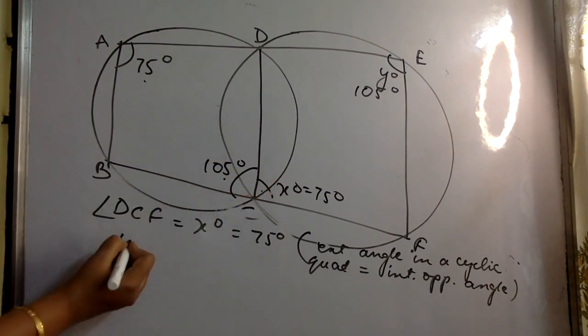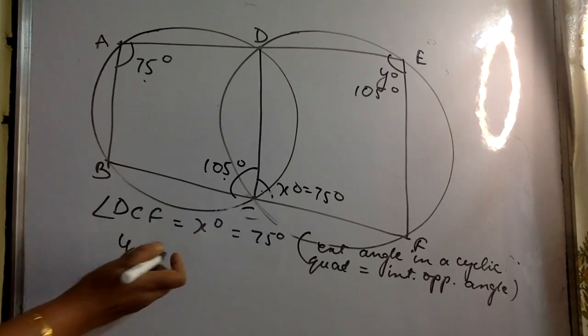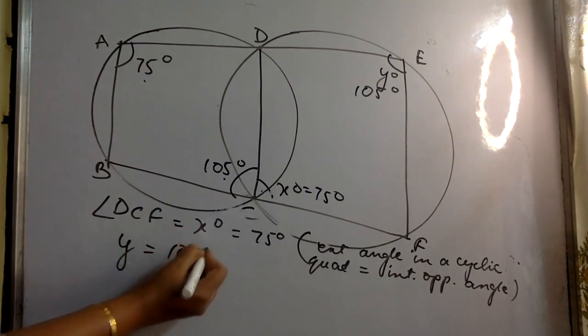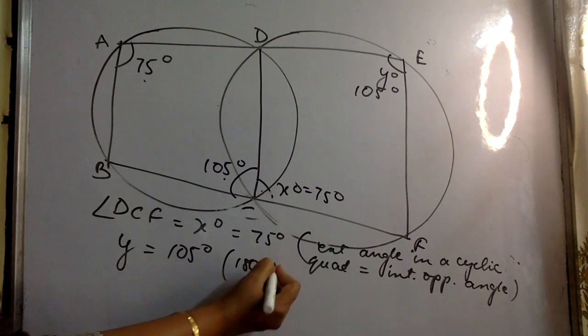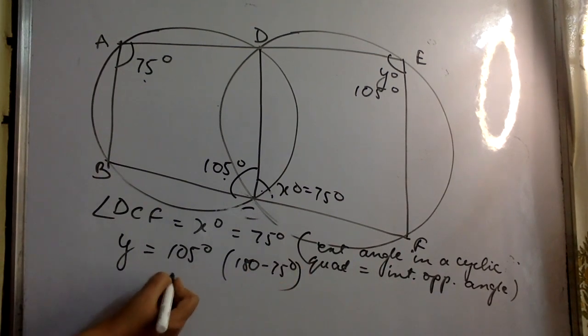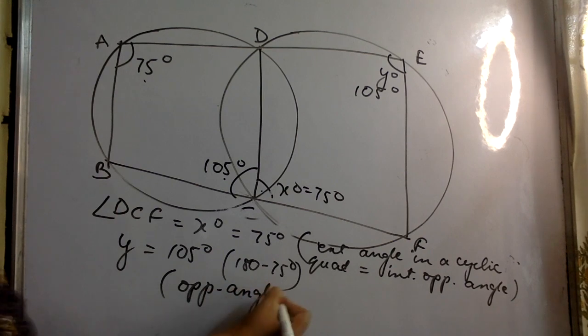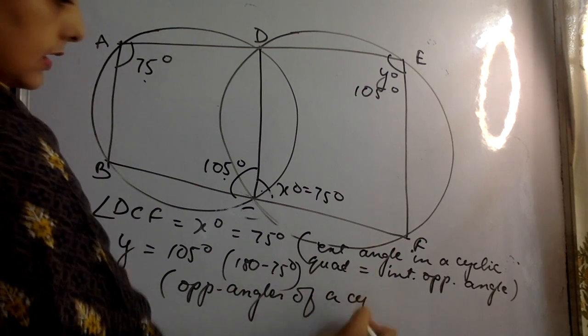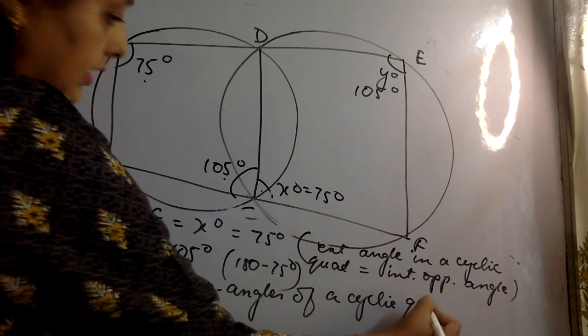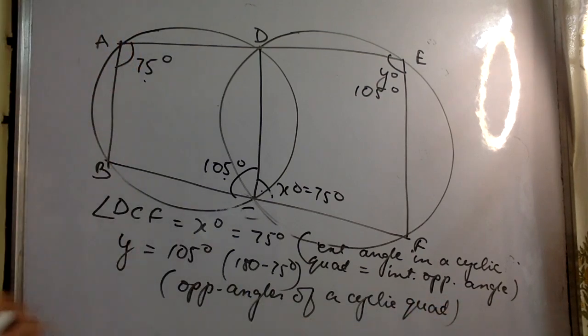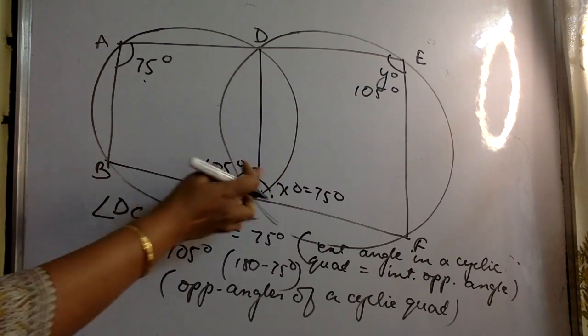Then angle Y is equal to 105 again. Why? Because it is 180 minus 75. Why? Because opposite angles of a cyclic quadrilateral are supplementary.